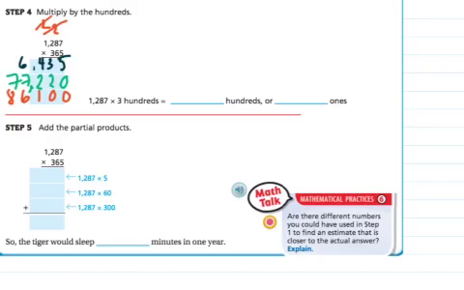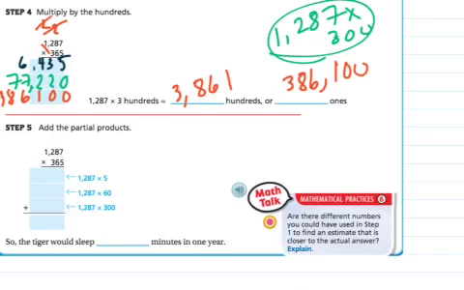And then lastly, we do 1 times 3 is 3. So 1,287 times 300s would give you 3,861, or 386,100 ones. And remember, the reason why they got that is because they multiplied by 300 ones rather than just 300s.